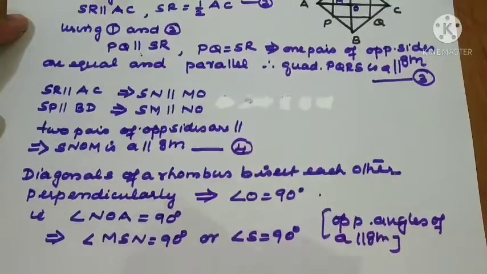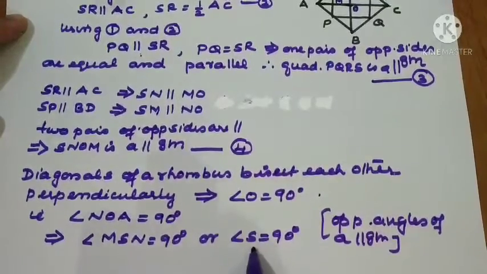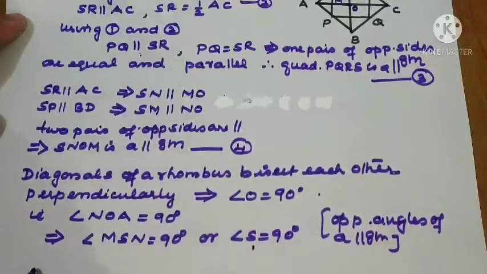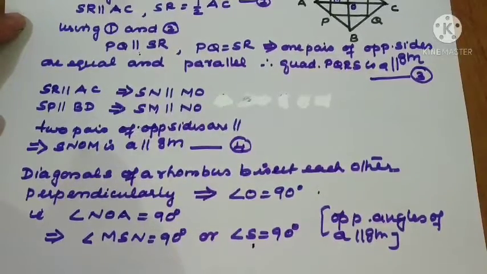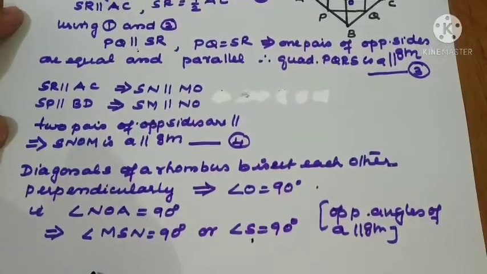Now what we got? PQRS is a parallelogram in which one angle is 90 degree. So if one angle is 90 degree, then what is the concept we can use? If one angle is 90 degree in a parallelogram, it is a rectangle.